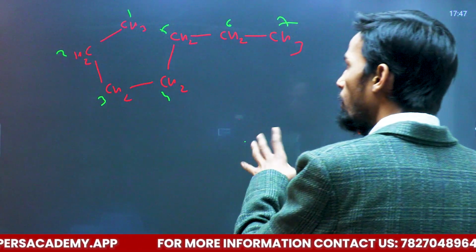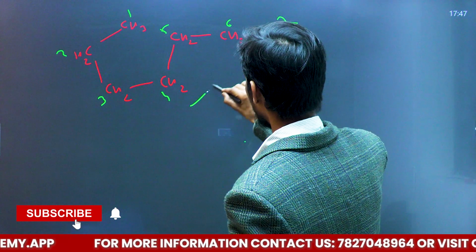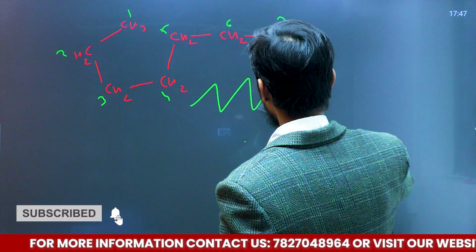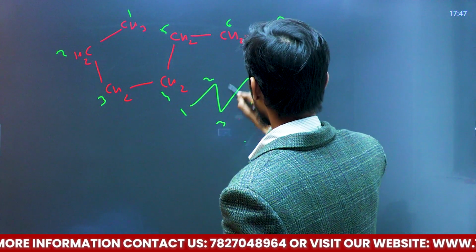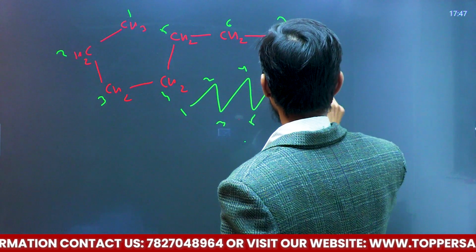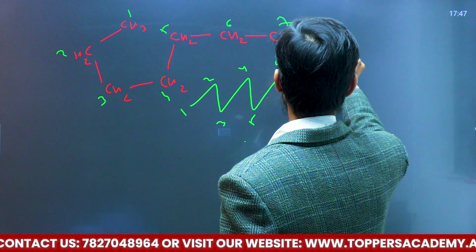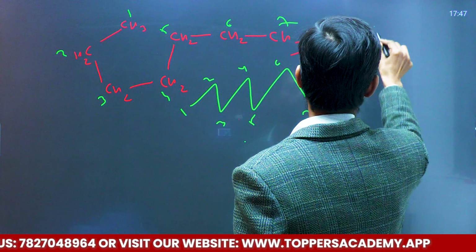We will not represent it like this, we will represent it like this: 1, 2, 3, 4, 5, 6, 7. So it is heptane.